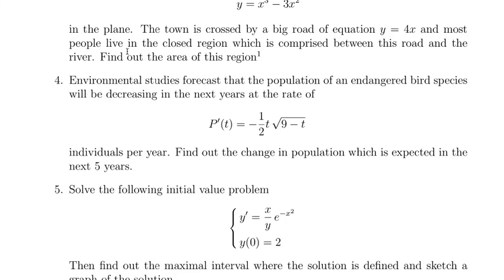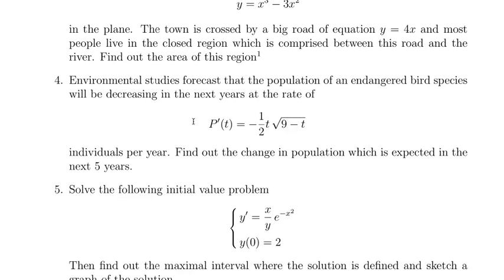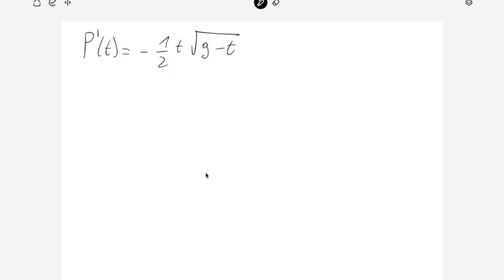So, we have the equation of the derivative. So the rate p prime of t is minus 1/2 t times the square root of 9 minus t. So you see that the derivative is negative since the function is decreasing. Has to be decreasing because the population will decrease. Okay, the change in population which is expected in the next 5 years.